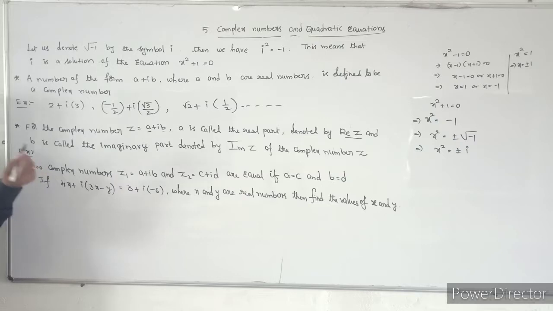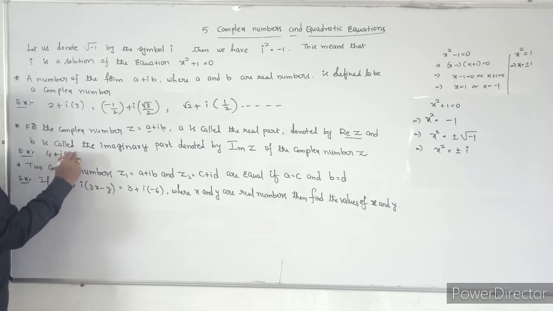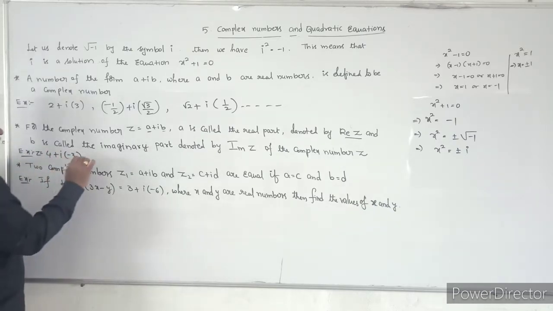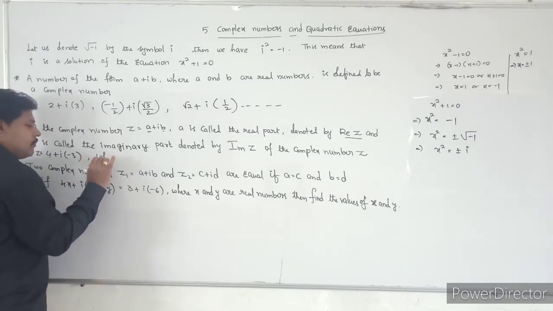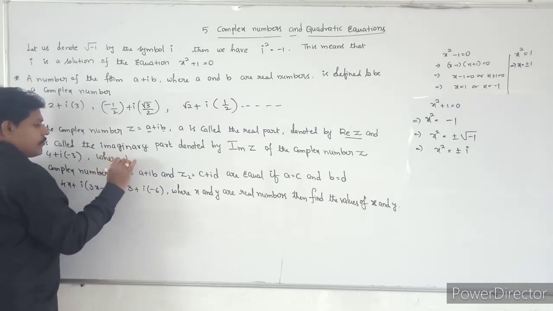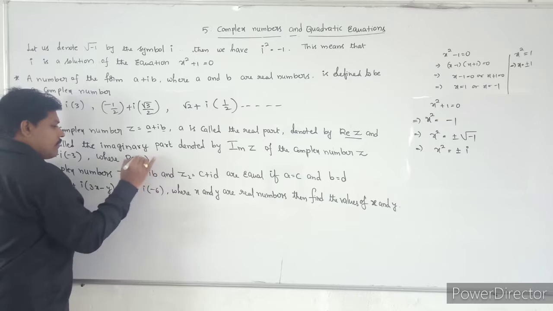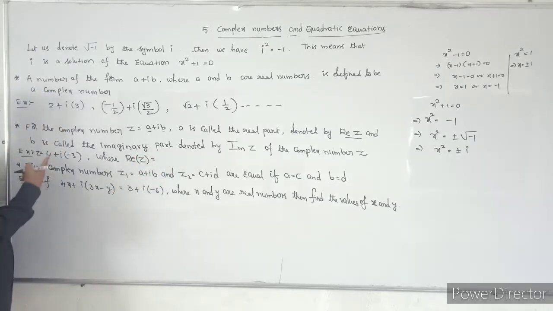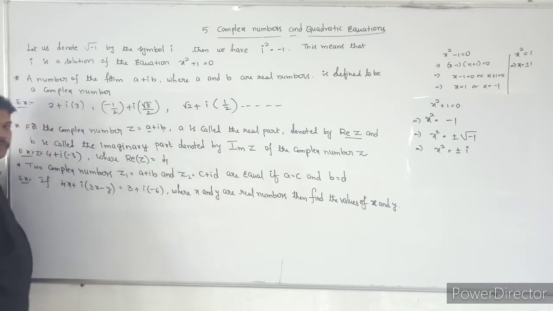For example, I will take 4 plus i into minus 3. If z is equal to 4 plus i into minus 3, what is the real part of z in this complex number? The real part is nothing but 4.